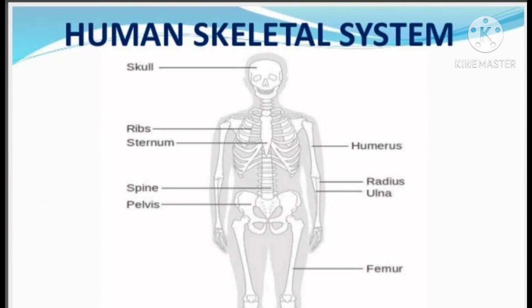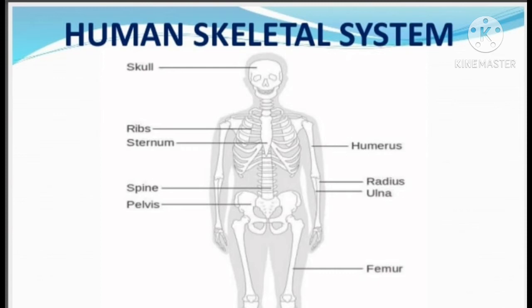It protects the delicate and vital organs of the body like heart, brain, lungs, etc. Bones serve as a storage area of minerals such as calcium and phosphorus. And along with the muscular system, it helps in movement and locomotion.